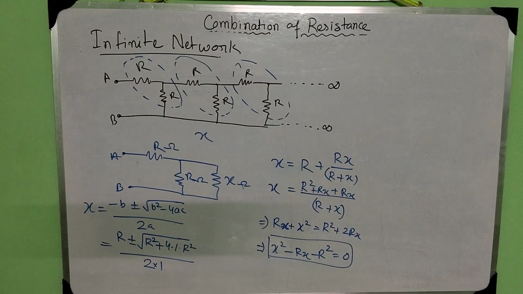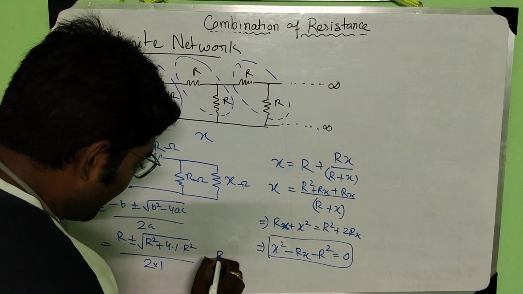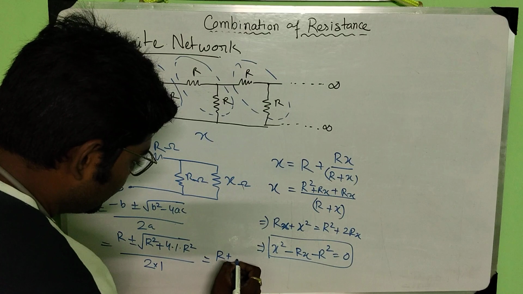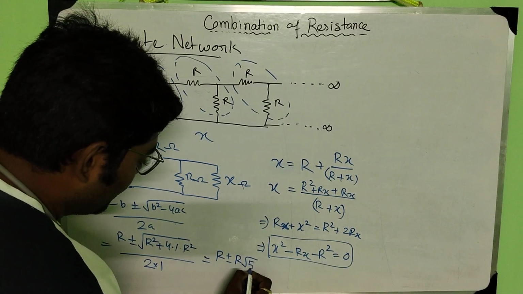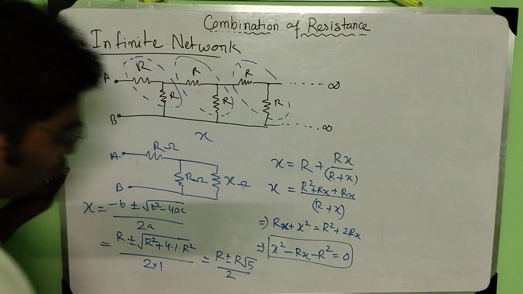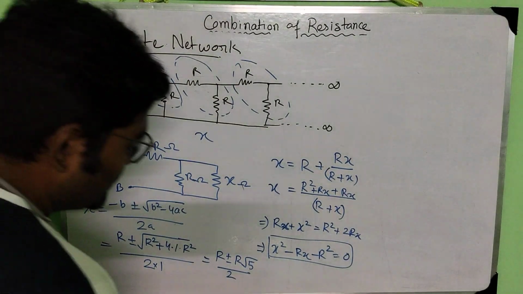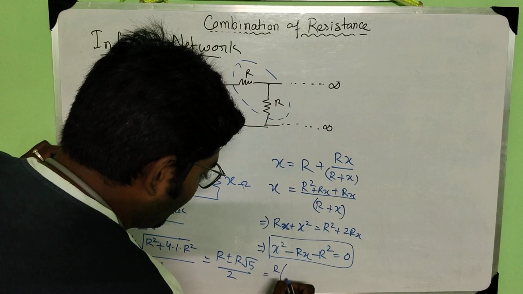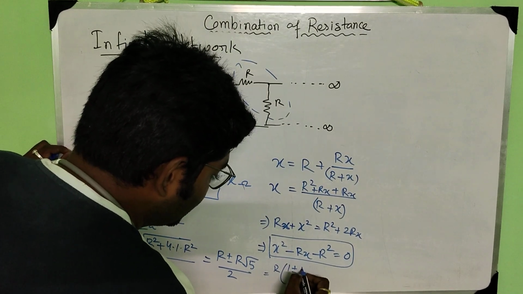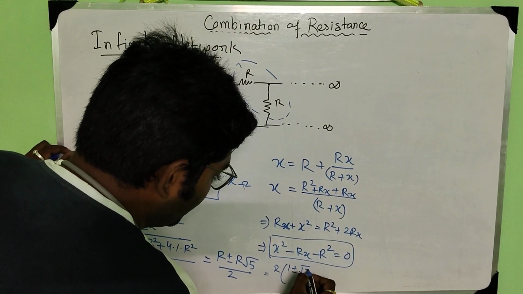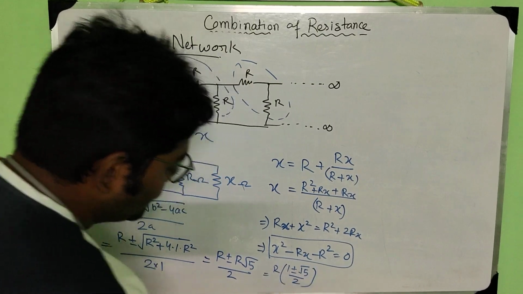So ultimately it comes as plus minus R root 5 by 2. If R becomes common, it is R into 1 plus minus root 5 by 2.